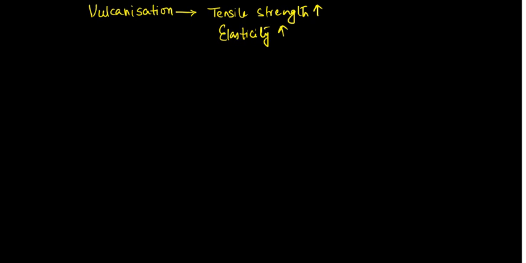This is the process of vulcanization. So in the process of vulcanization, what happens is tensile strength increases, elasticity increases, and resistance to abrasion increases.